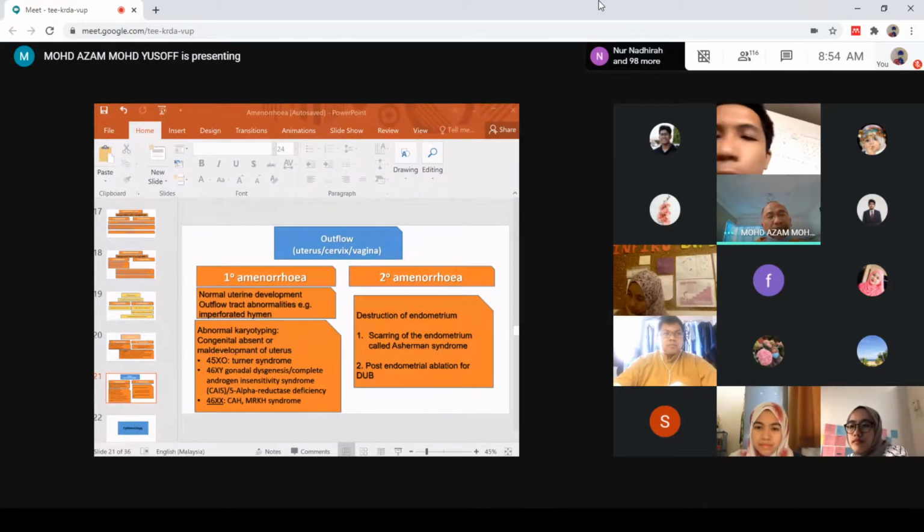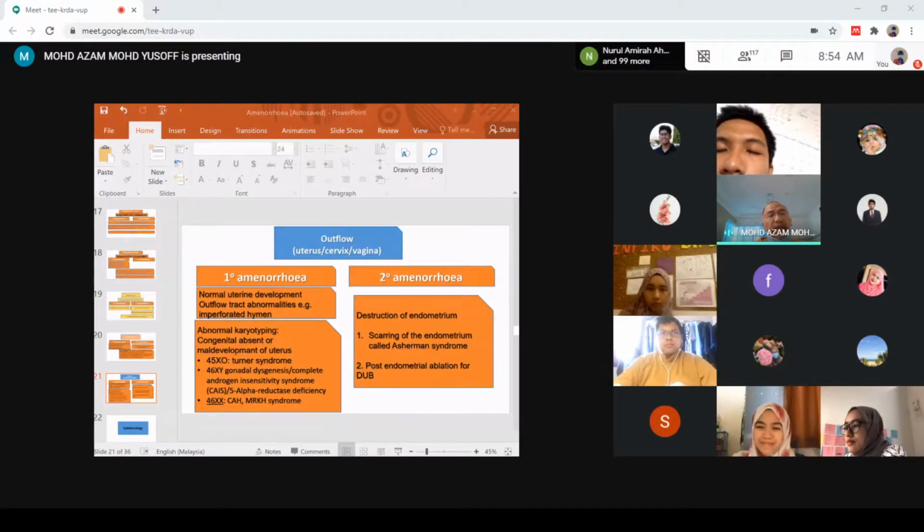No. So it should not be a cause of amenorrhea. Just concept and reasoning, rather than memorizing. I just want you to understand the concept, the reasoning behind it.